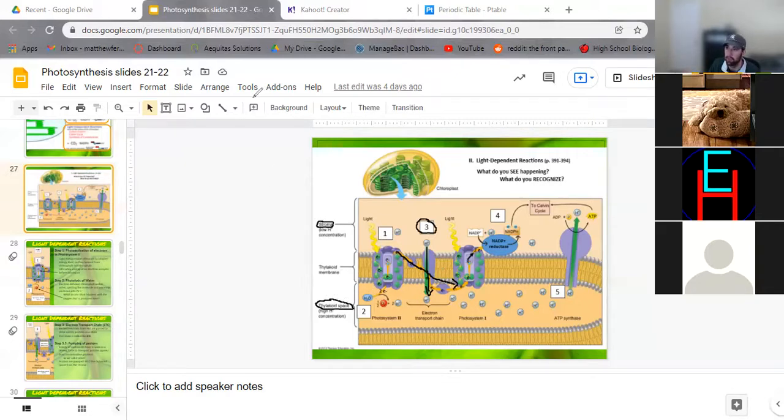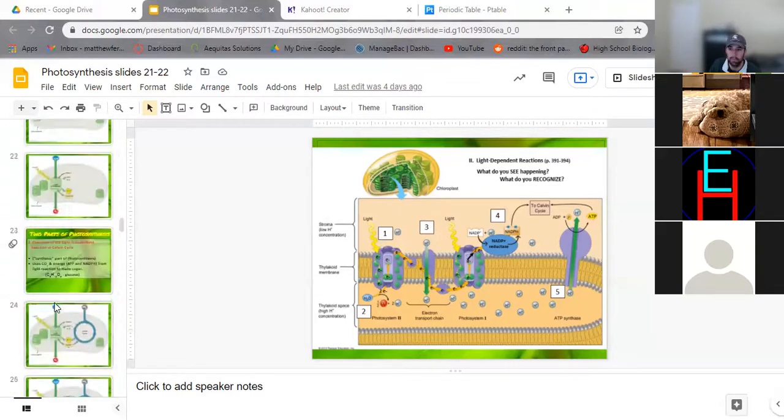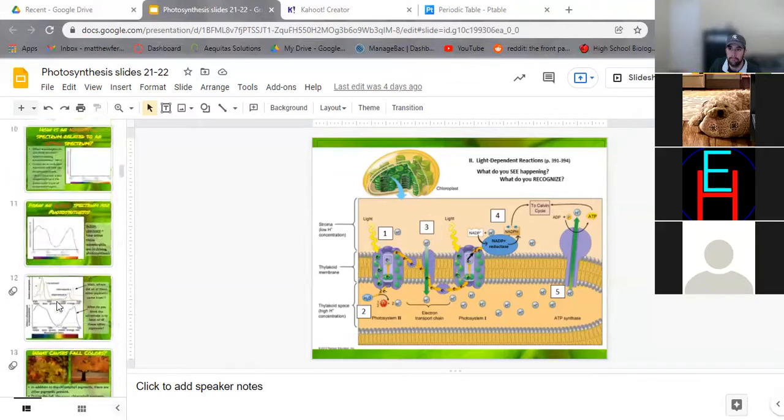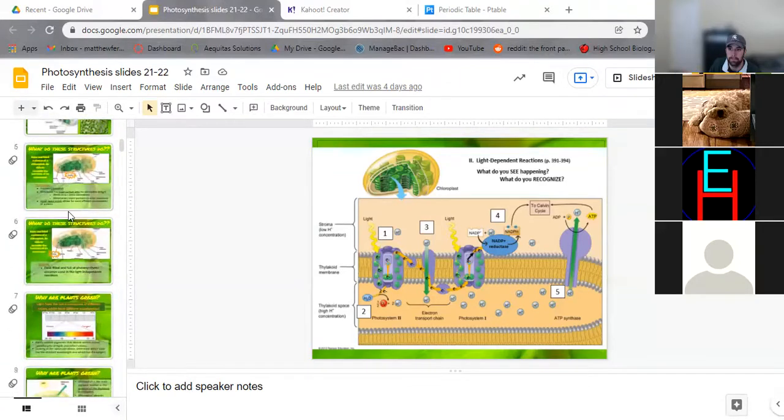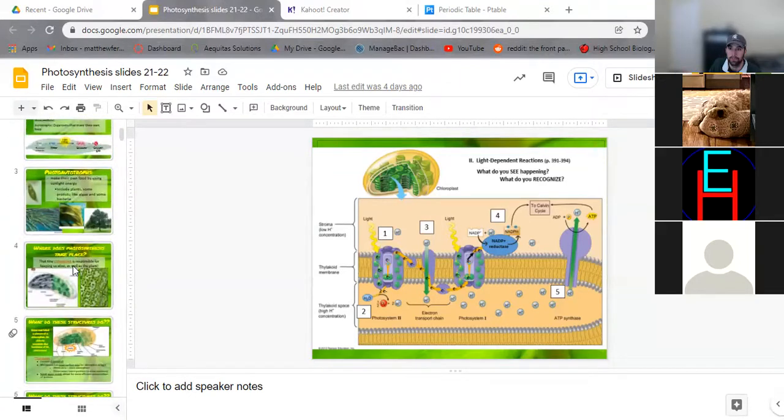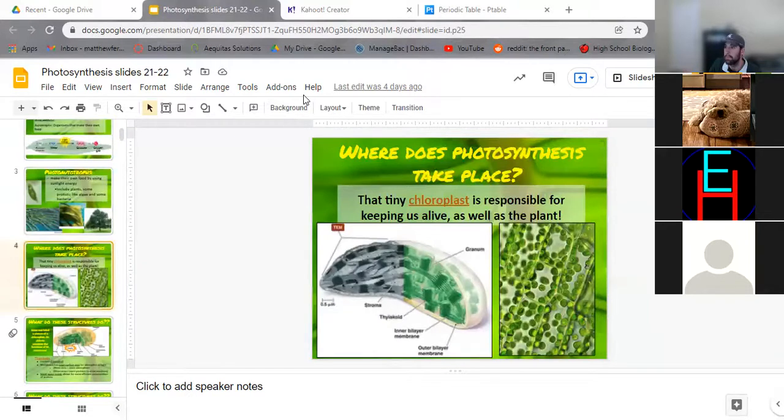So we get pumped from the outside space of a chloroplast into the little discs here. The protons are getting pumped from this space into the little discs. That is what step 3 is doing.